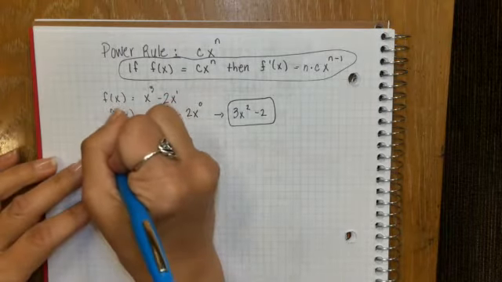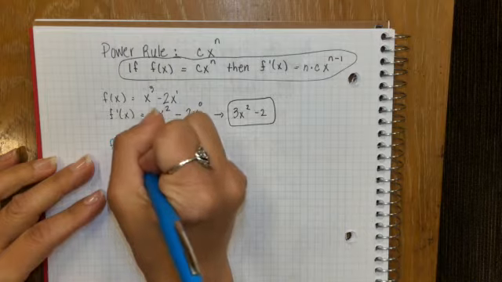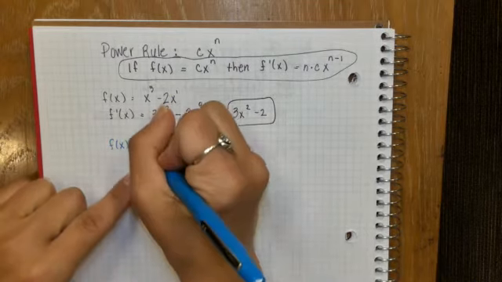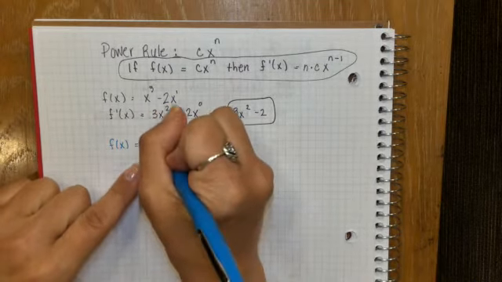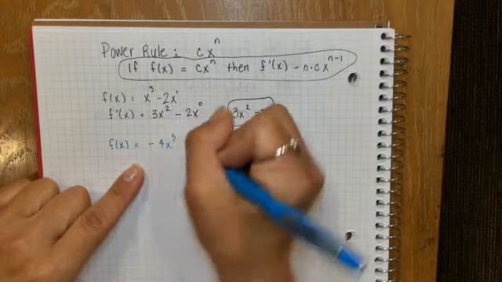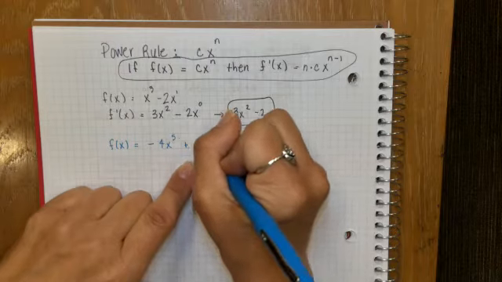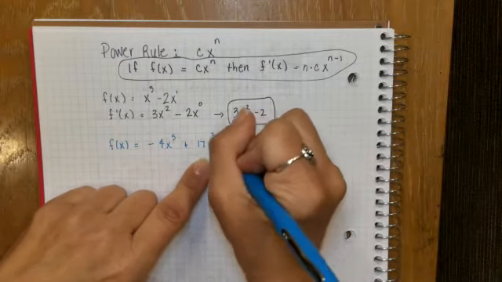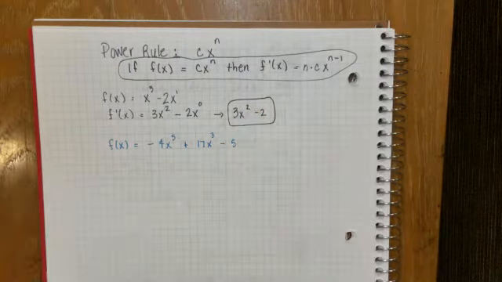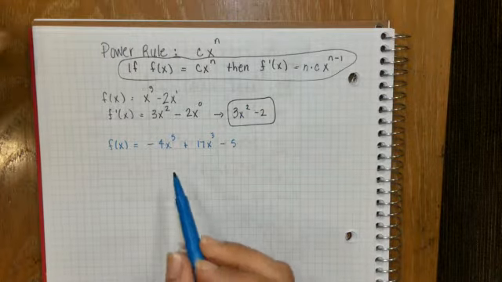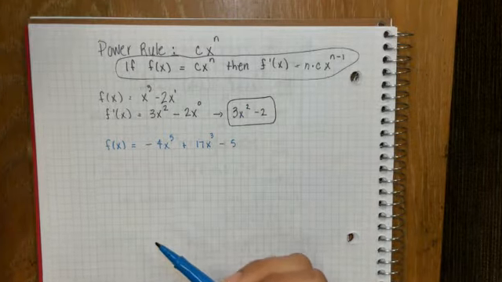So if f of x is, how about, negative 4x to the 5th plus 17x cubed minus 5. For the power rule, let's zoom in here.